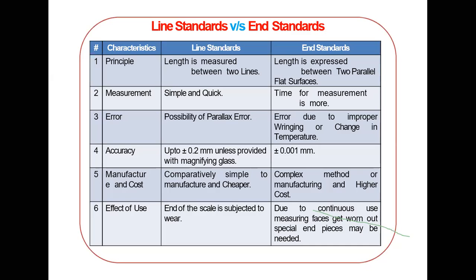Next, the accuracy. Fourth characteristic is the accuracy. So up to 0.2 mm unless provided with a magnifying glass. So that is the accuracy. Up to plus or minus 0.2 we can take it.